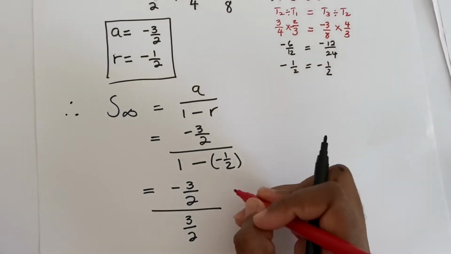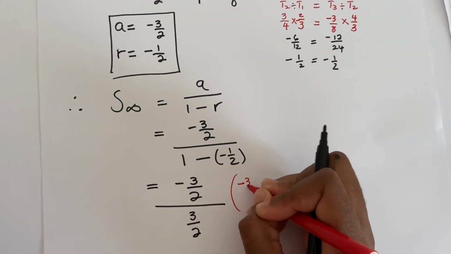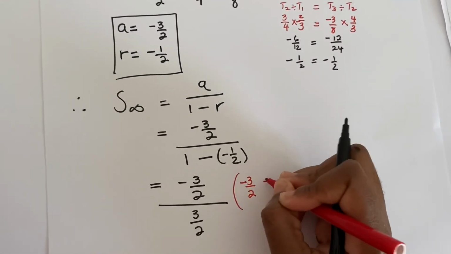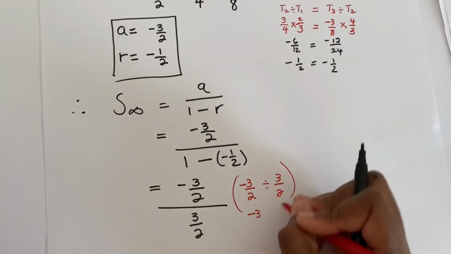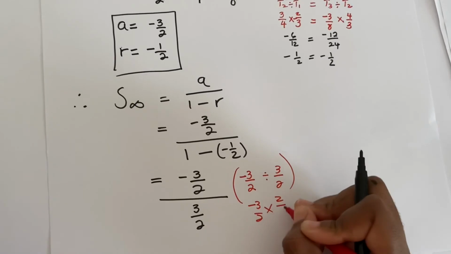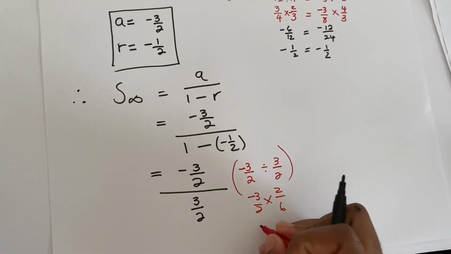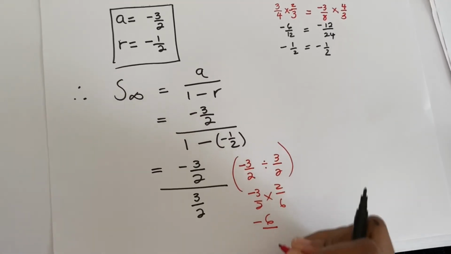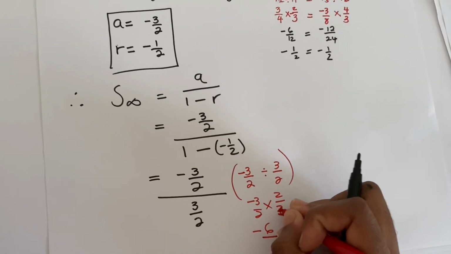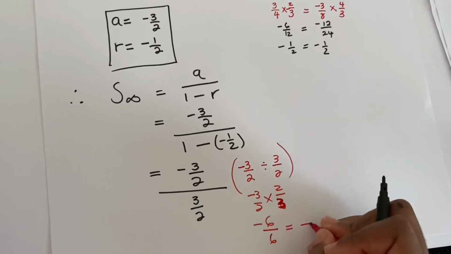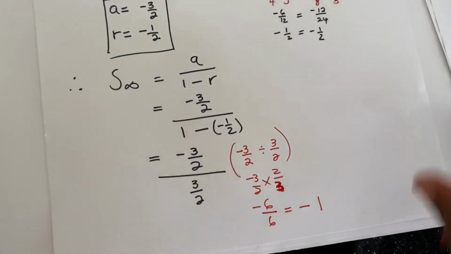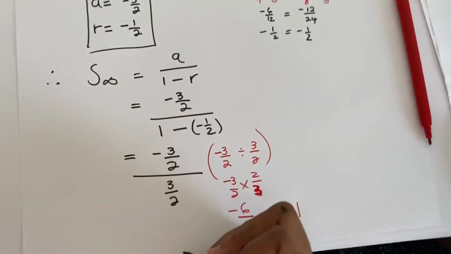So what you have here is -3/2 divided by 3/2. That is -3/2 times 2/3, which is -6 over 6. That is -1.